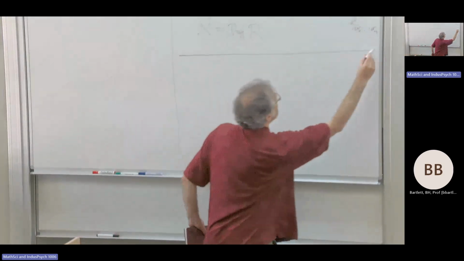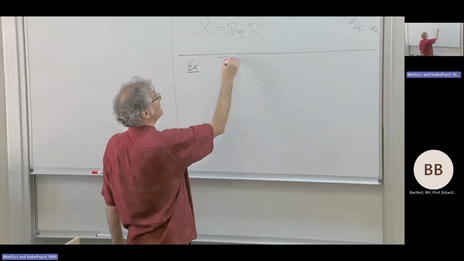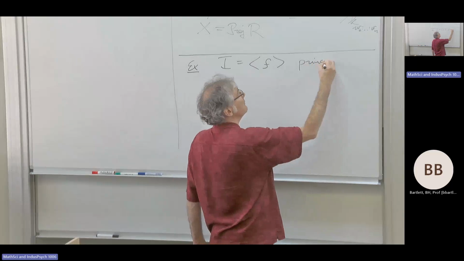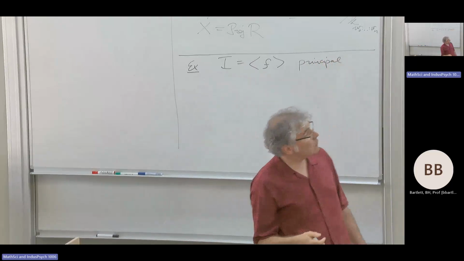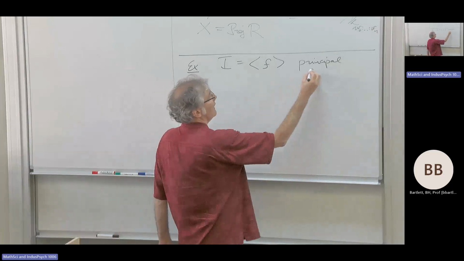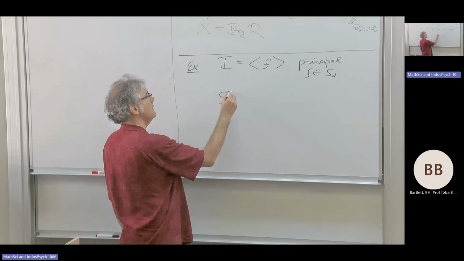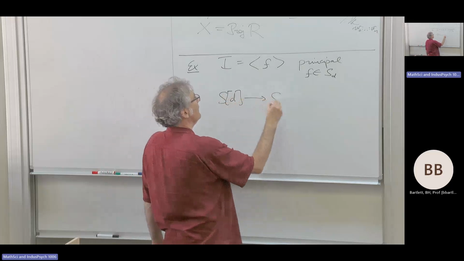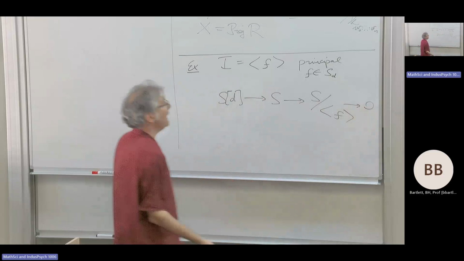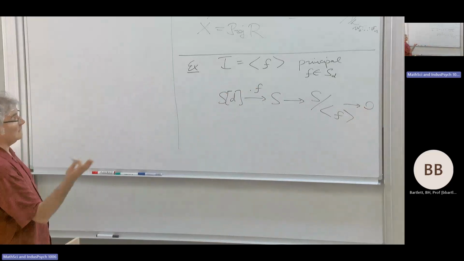Now, the example is the hypersurface case. If I is principal, generated by a single element, then we are more or less done. Because what happens is, f in degree d, then you start the sequence, you go S[-d] to S to S mod F to 0, and this is just multiplication by F in this case, and multiplication by F is injective, right?